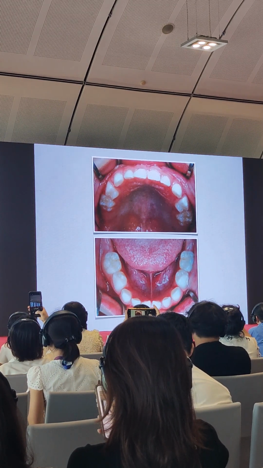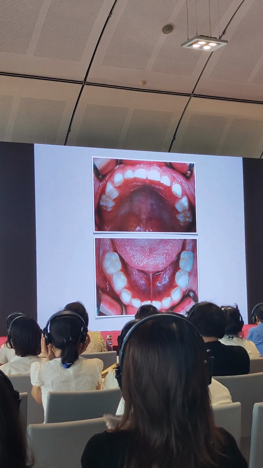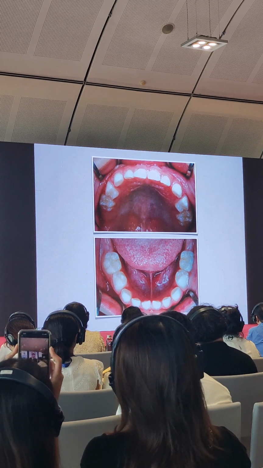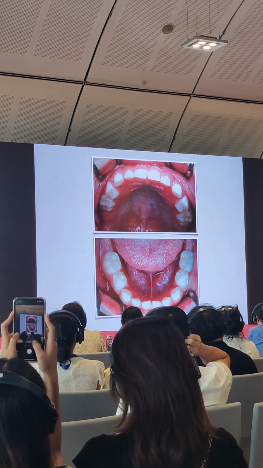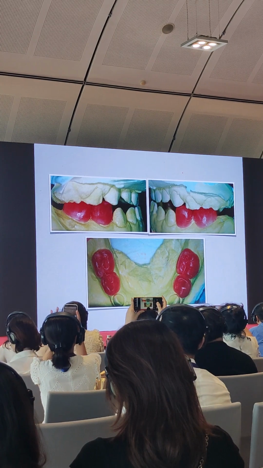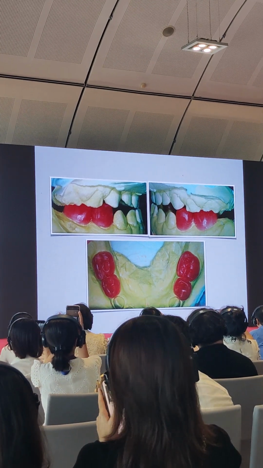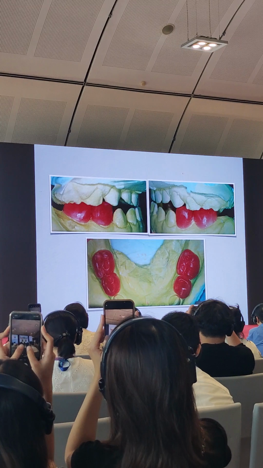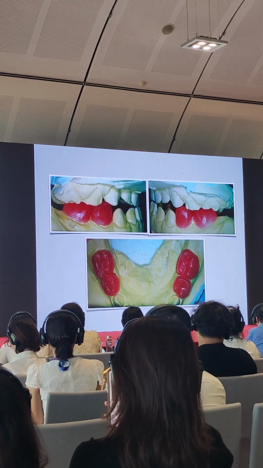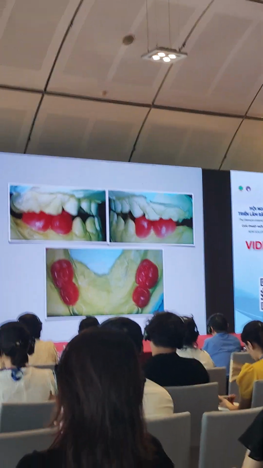So for this particular case, we decided to place an overdenture on the lower arch. So we took an impression, we articulate the patient in such a way that we ask the patient to move the mandible back, and take the working bite.